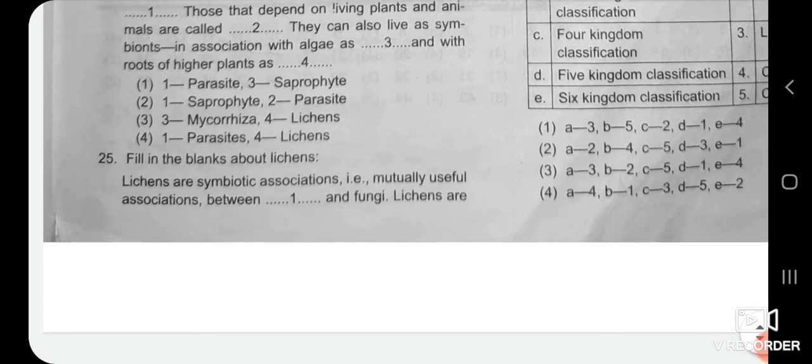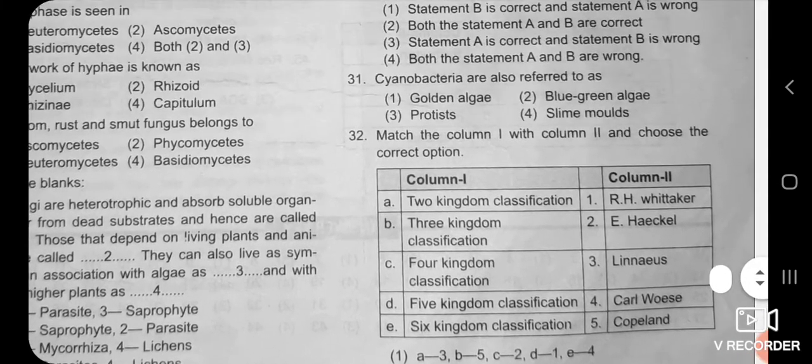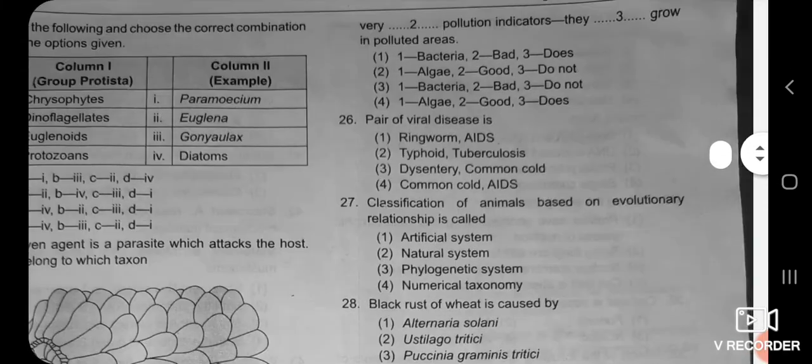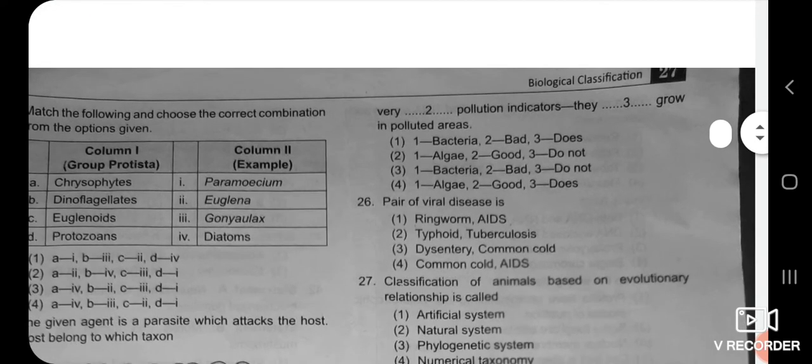Next question, fill in the blank about lichen. We have seen the lichens. Lichens are a symbiotic association, a mutually useful association between algae and fungi. Lichens are very good pollution indicators. They do not grow in polluted areas.